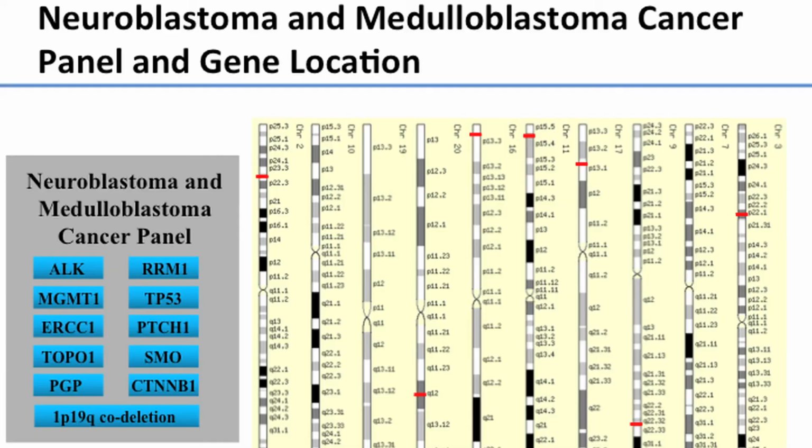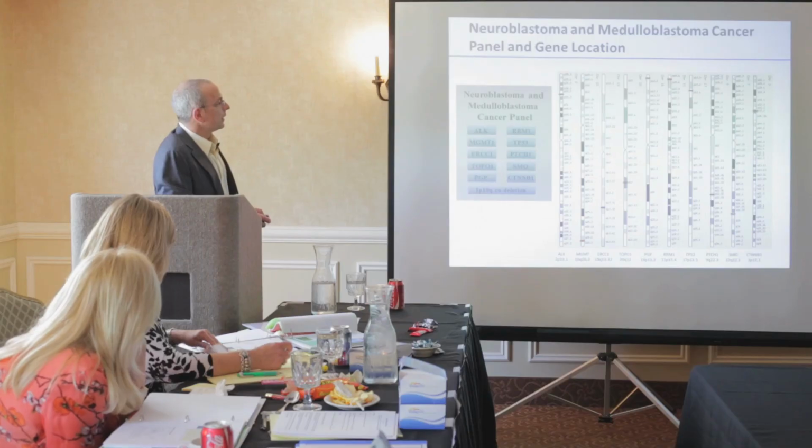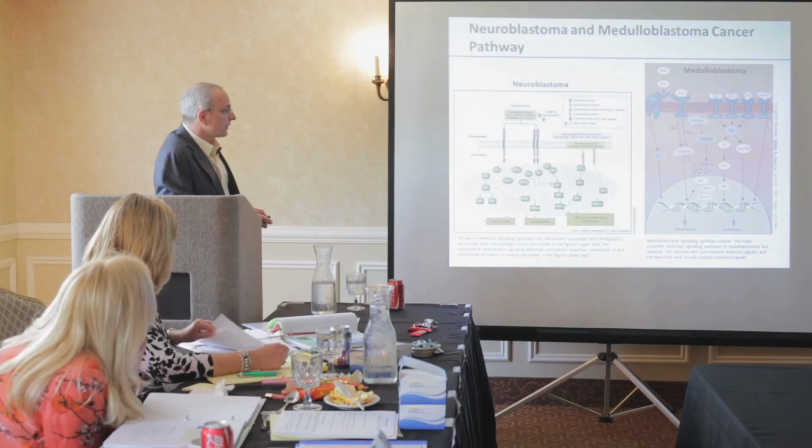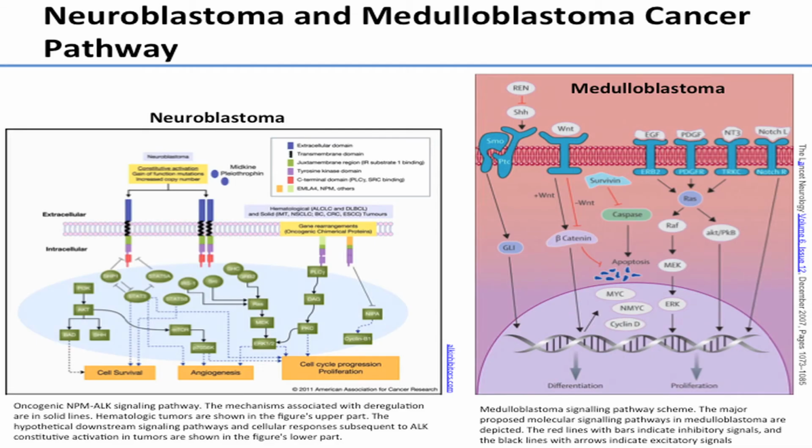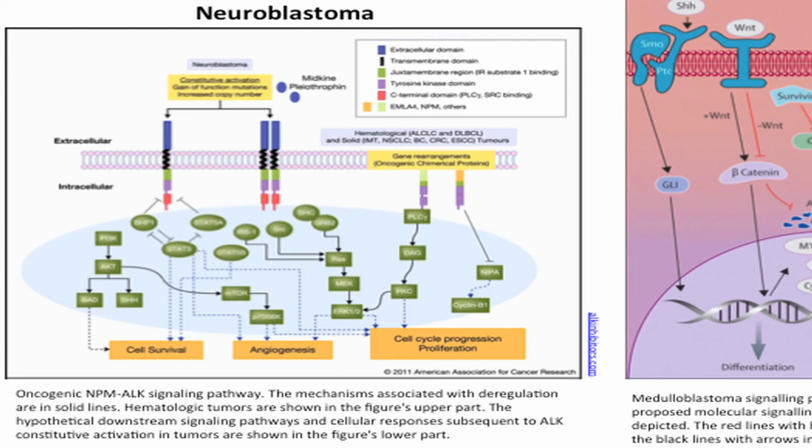This one's an interesting one. So there's a 1p19q co-deletion, which means in these cells, the 1p arm is gone, and the 19q arm has gone. So it's called a co-deletion. And then there are two different pathways that are somewhat used by these two. Again, all these pathways, all these genes, the STAT pathway is a well-defined pathway, by the way.